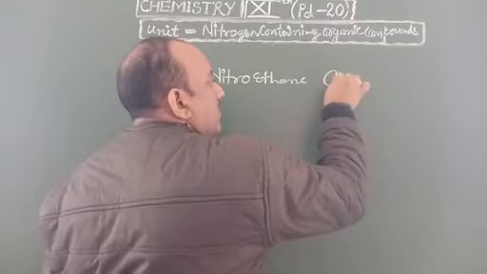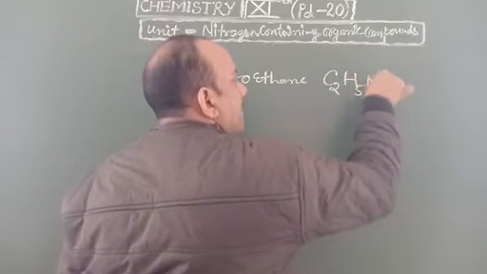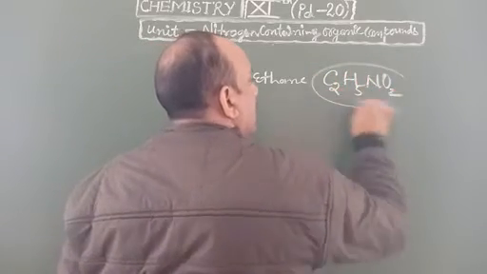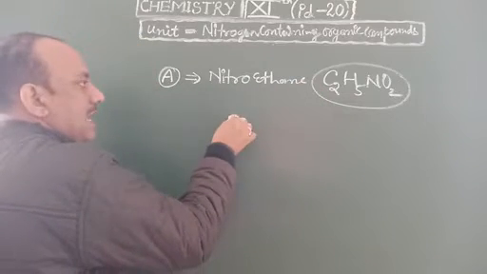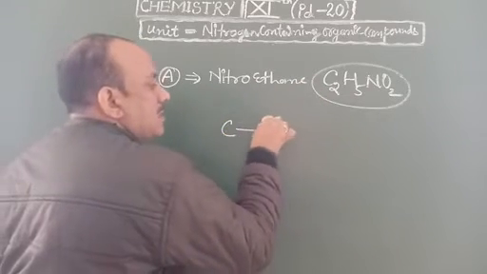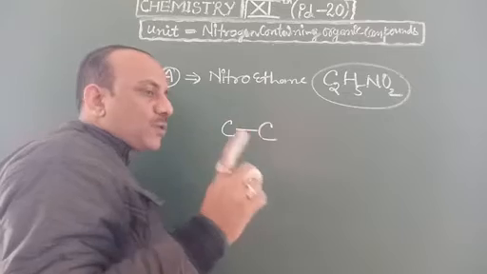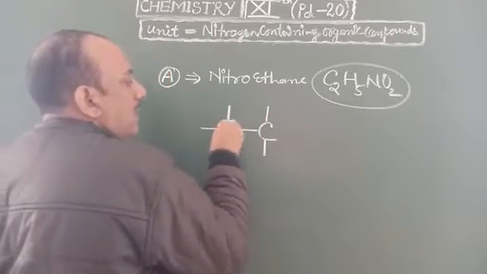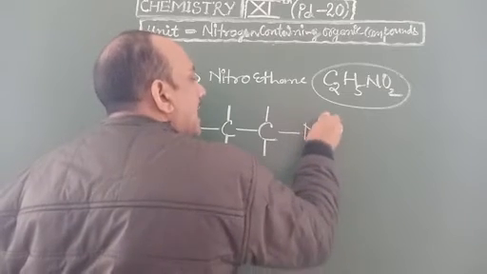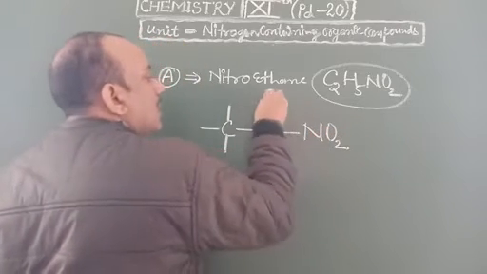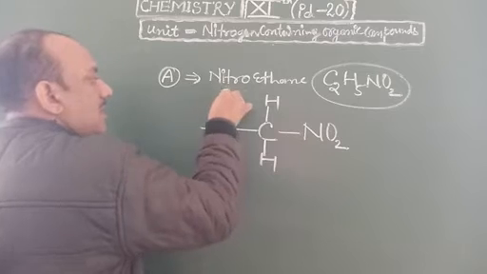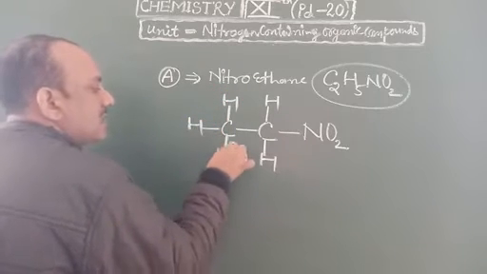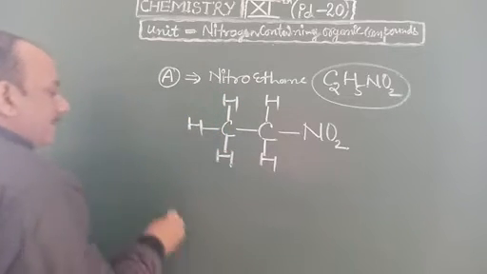Its molecular formula is C2H5NO2 and its structural formula is C single bond C. Each carbon shows its valency 4, so single bond, single bond, single bond and single bond. The nitro group is NO2, and hydrogens H, H and H, H.